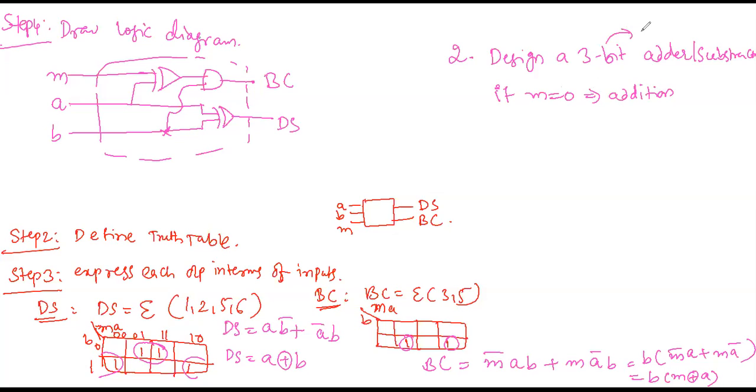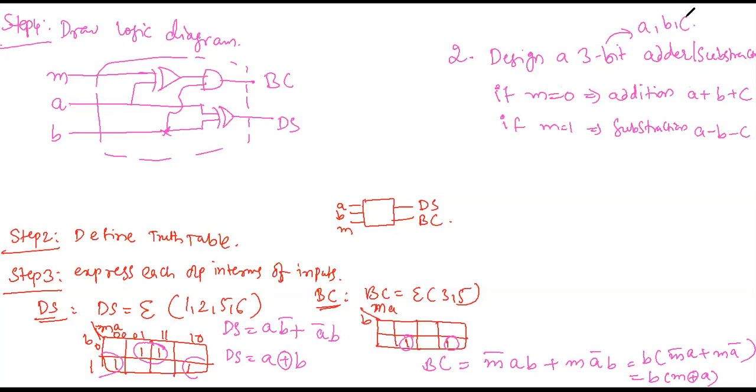Consider 3 bits A, B, C. It will perform the addition A plus B plus C. If M is equal to 1, it will perform subtraction, that is A minus B minus C.